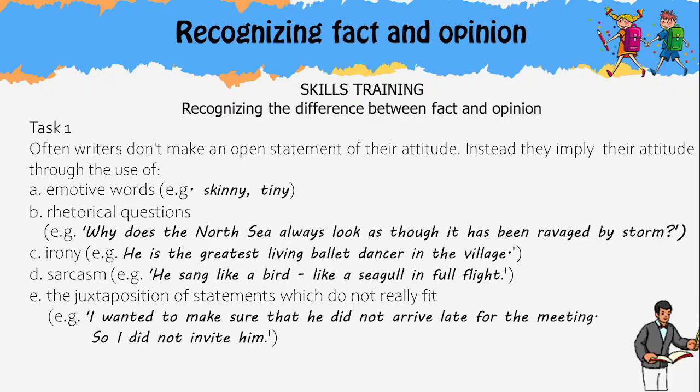And then juxtaposition, like the position of a statesman which does not really fit. So here juxtaposition means the arrangement of the sentences that does not fit, not suitable, not match, because the writer wants to express something. I wanted to make sure that he did not arrive late for the meeting, so I did not invite him.